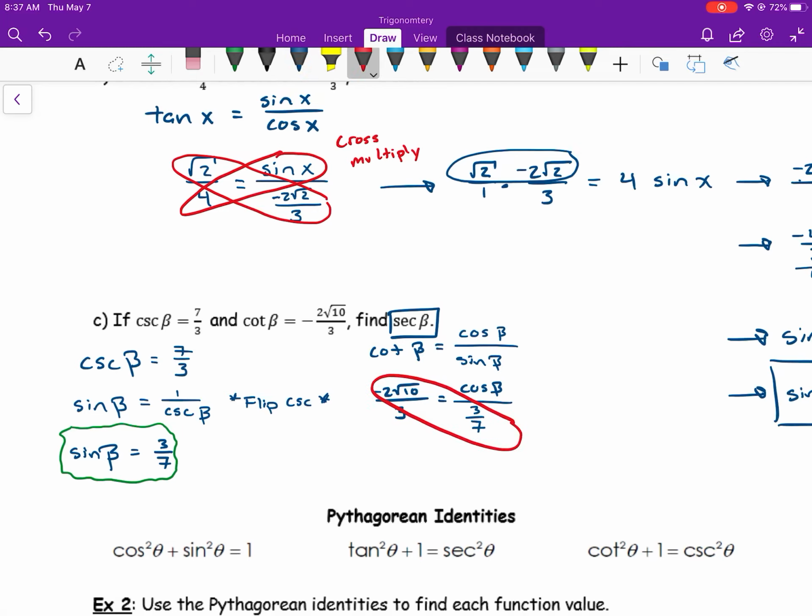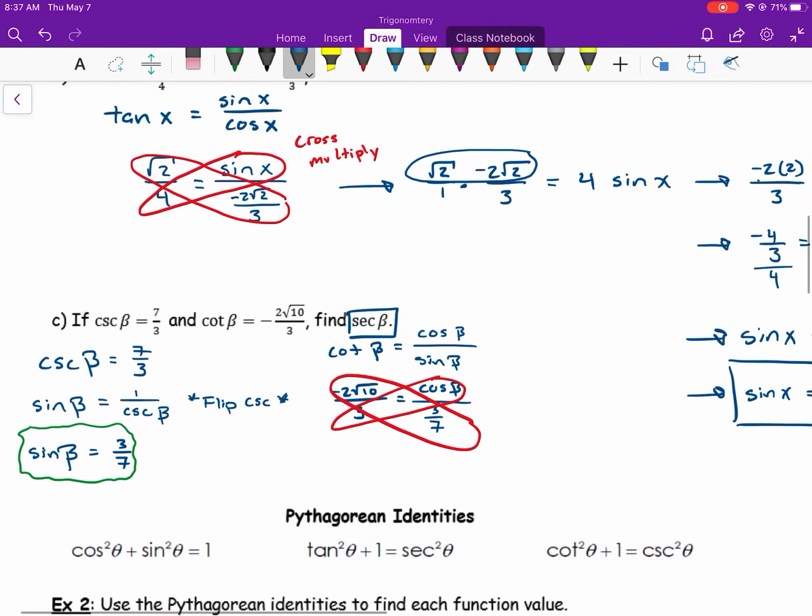Cross multiply. Okay, I'm going to get 3 cosine of beta is equal to negative 2 root 10 times 3/7.